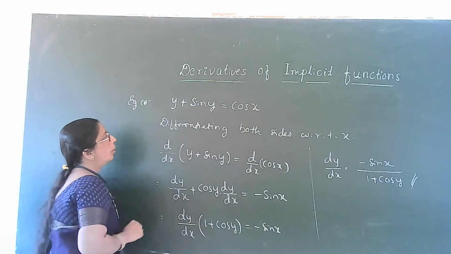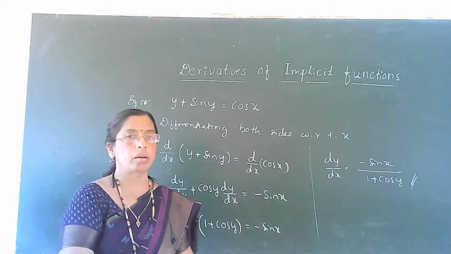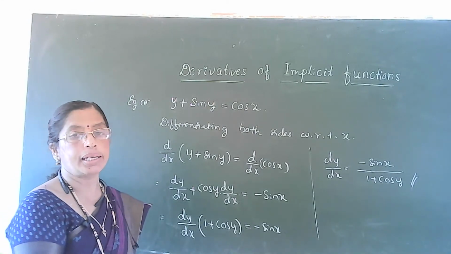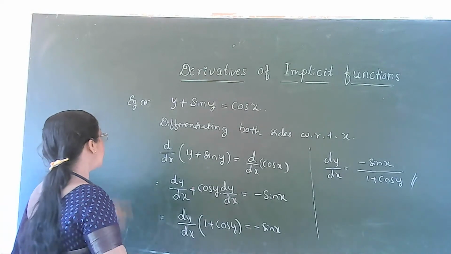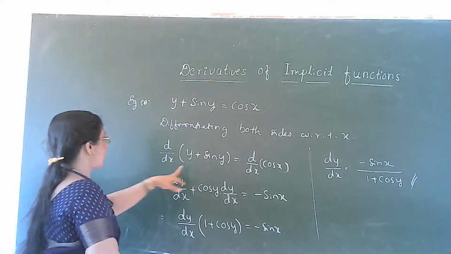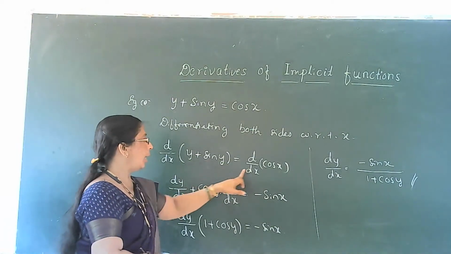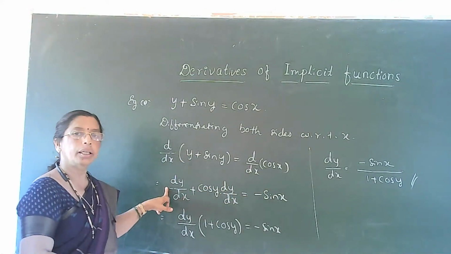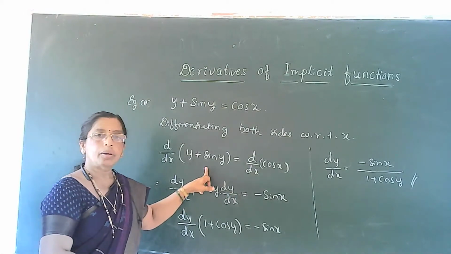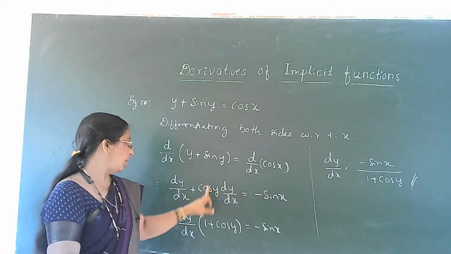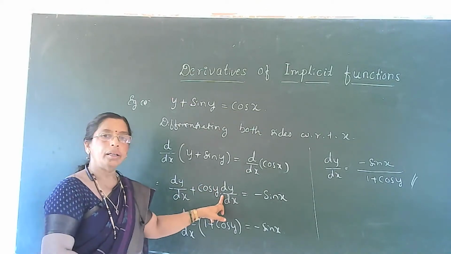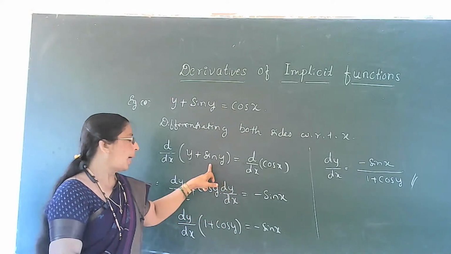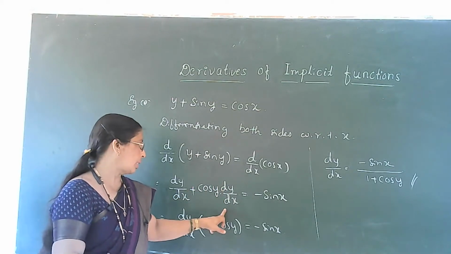In finding the derivative of implicit functions, you have to differentiate both sides with respect to x, LHS and RHS. Find the derivative of the LHS, y plus sin y, and the RHS, cos x. The derivative of y is dy by dx. The derivative of sin y is cos y, and again we write dy by dx, because we find the derivative with respect to x.